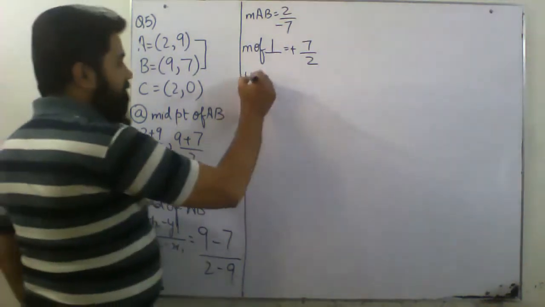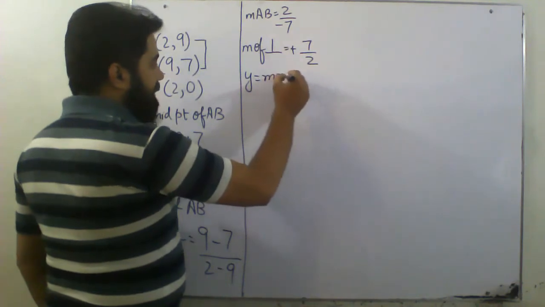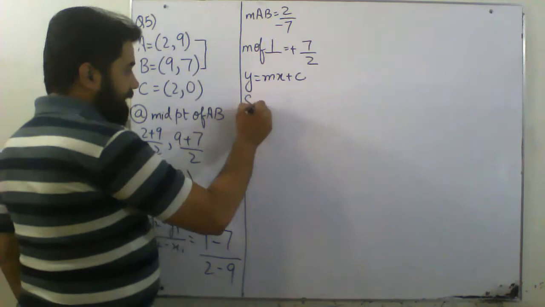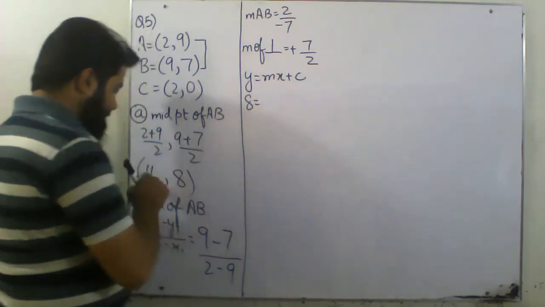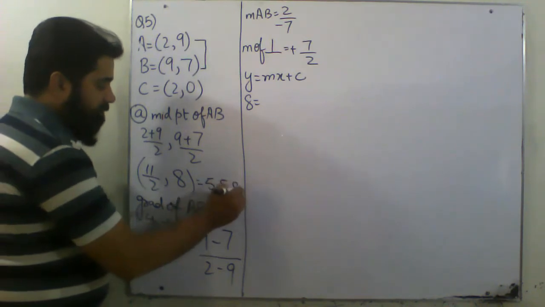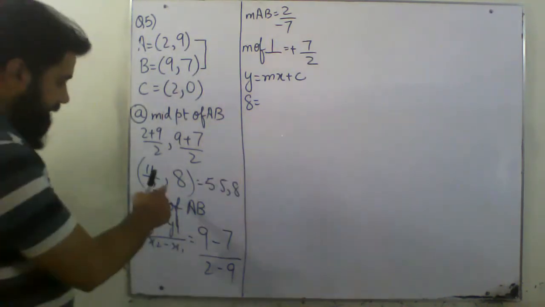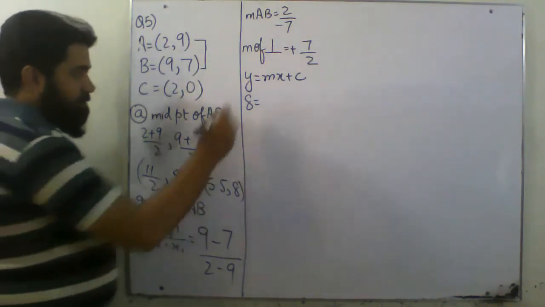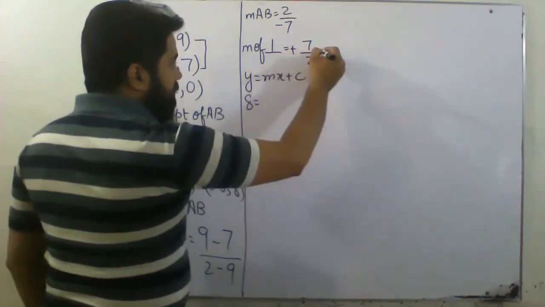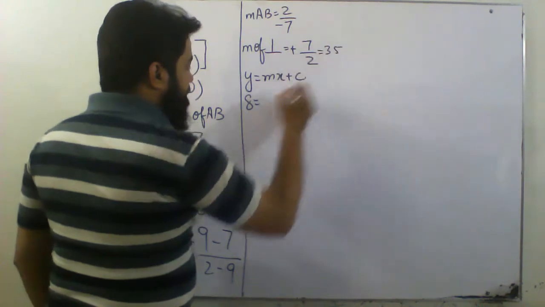So now for the equation y equals mx plus c, the point is given to me as 11 over 2, or I can write it as 5.5 comma 8. Same thing, I can write it like this also. m is given to me as 7 upon 2, which can be written as 3.5.